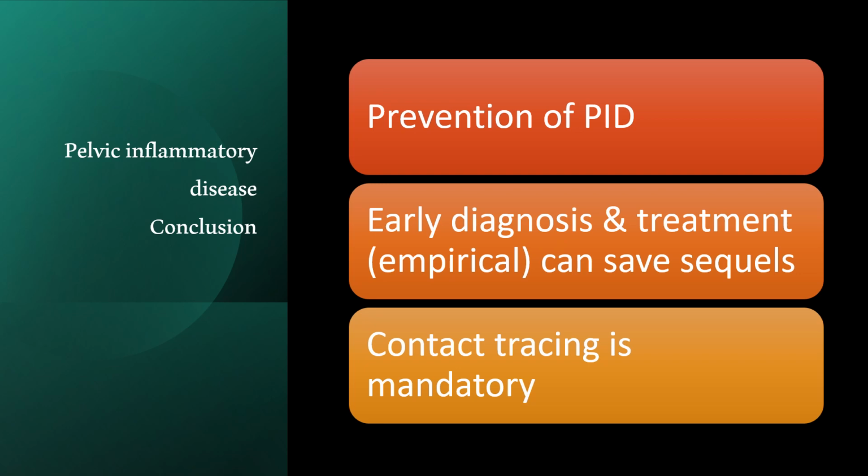Now we are at the conclusion. Though PID is very preventable, and should be prevented at any cost, chlamydia is the most common organism for pelvic inflammatory disease, and in two-thirds of patients it is asymptomatic. So there is a significant role for a chlamydia screening program.